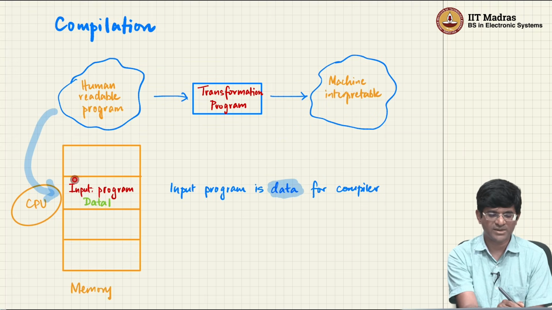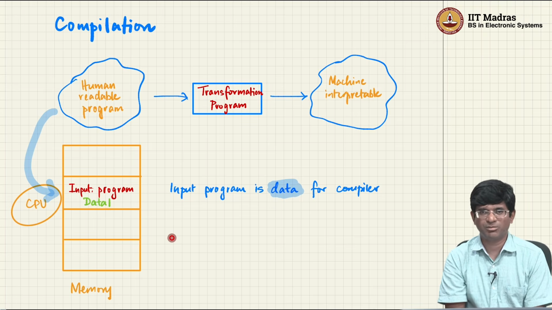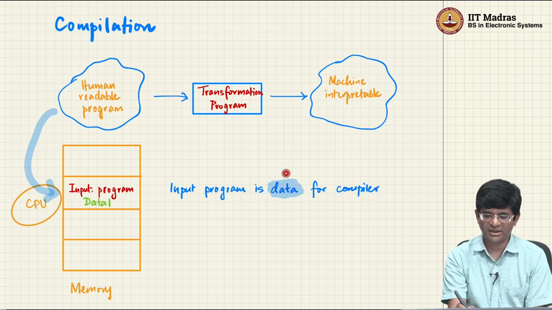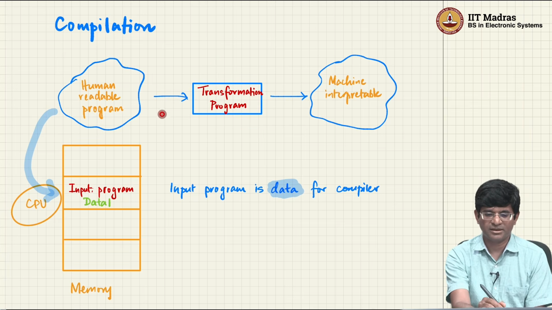So effectively what I am saying, in other words, is all of these blocks of bits that we have over here correspond to the encoding of the program that I started with. So this input program, in other words, is data as far as my compiler is concerned, right? What is the compiler? It's a program that takes data as input, produces data as output, okay?